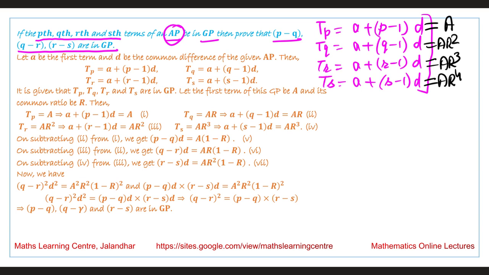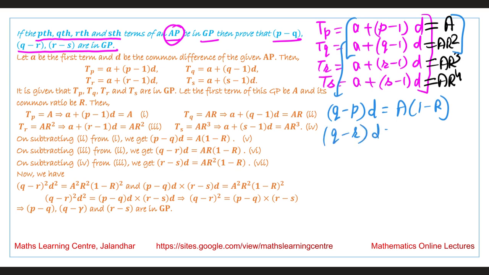Now if we subtract the first two equations, we obtain (Q - P)D = A(1 - R). If we subtract the next two equations, we obtain (R - Q)D = AR(1 - R). If we subtract the next two, we get (S - R)D = AR^2(1 - R).